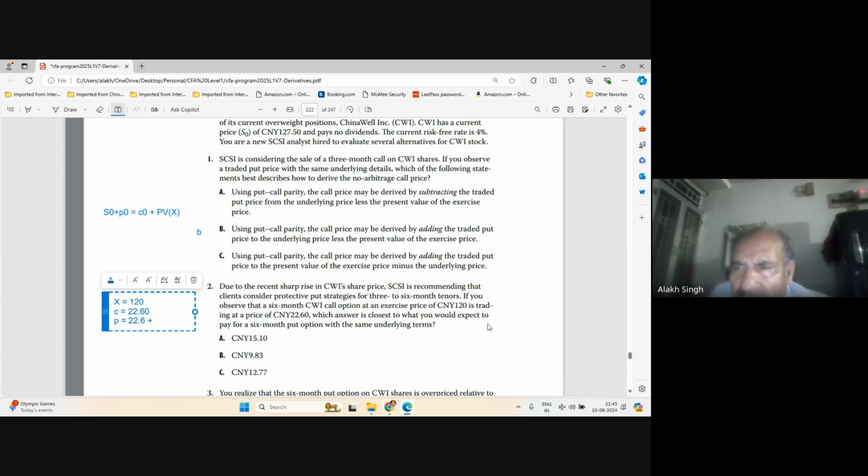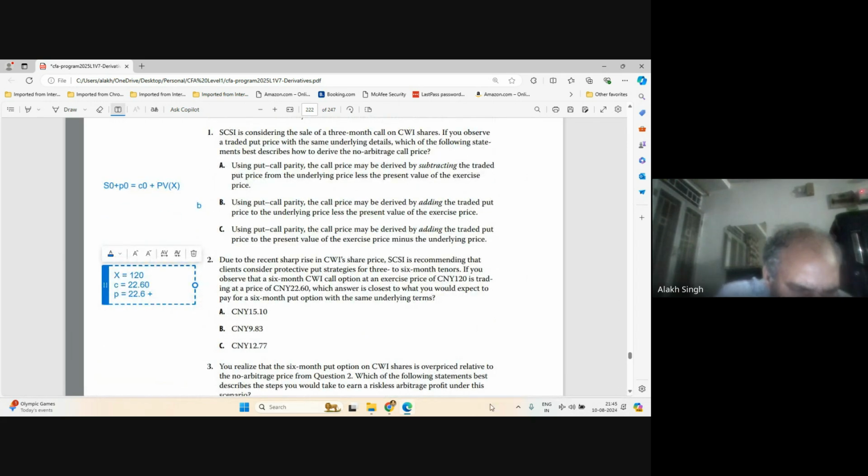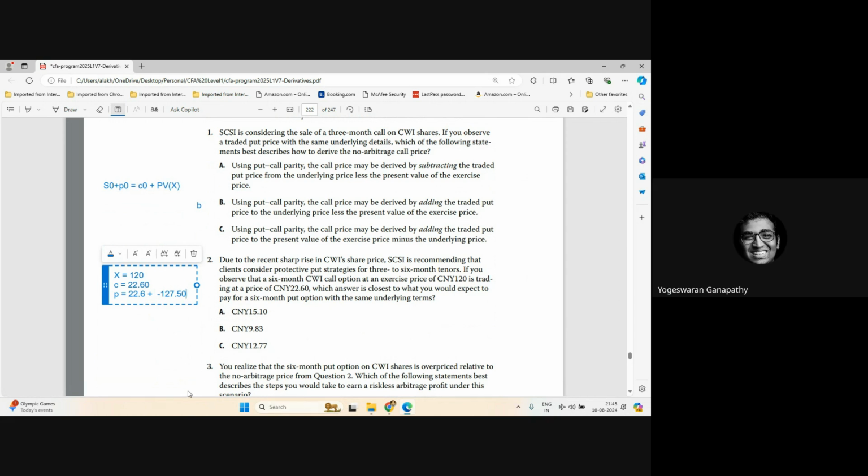S0 is 127.50. So 22.6 minus 127.50, plus the present value, which is 117.66.